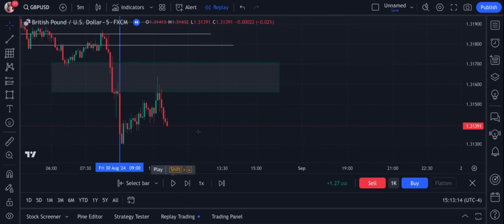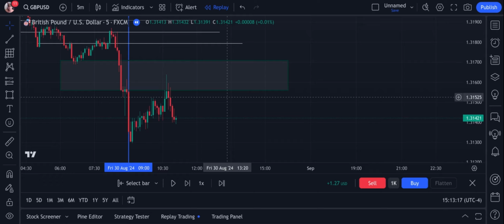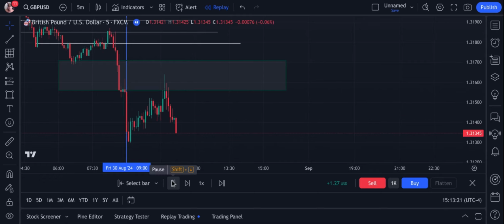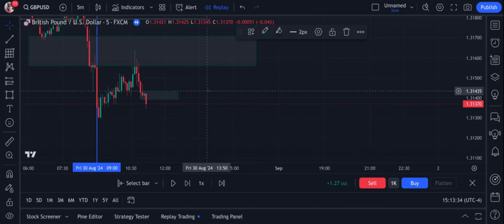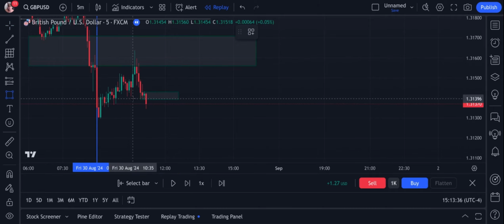Okay. Still no break of structure. Okay, boom. There's a break of structure. Okay, now here is our order block. And here is our breaker block.